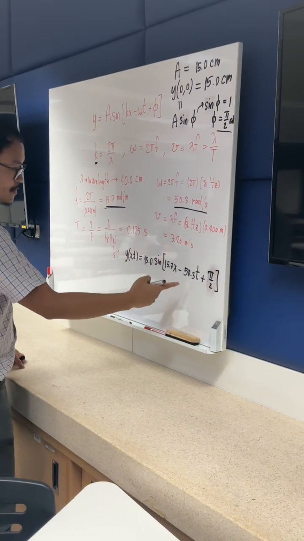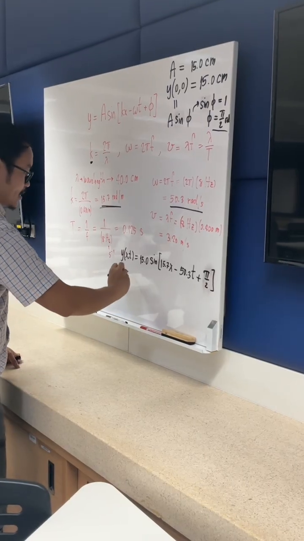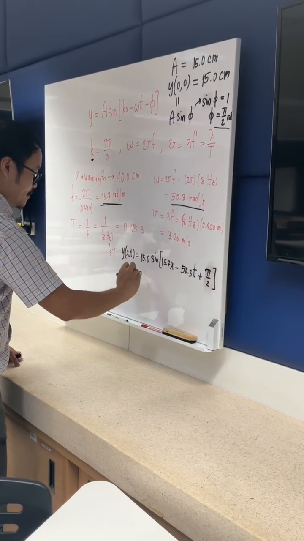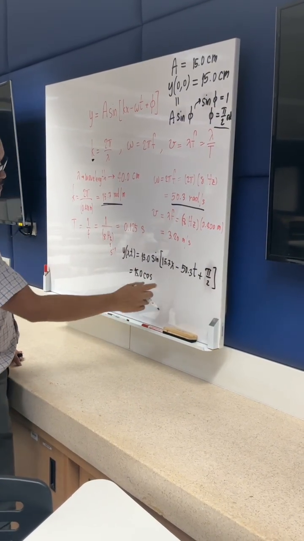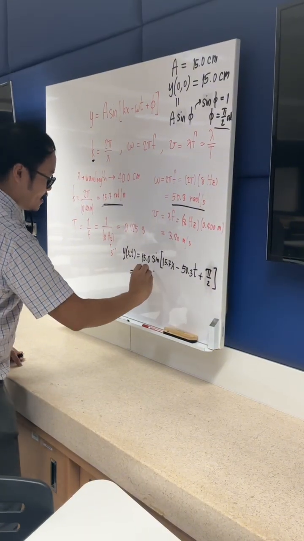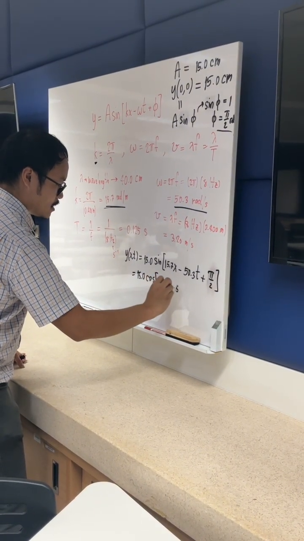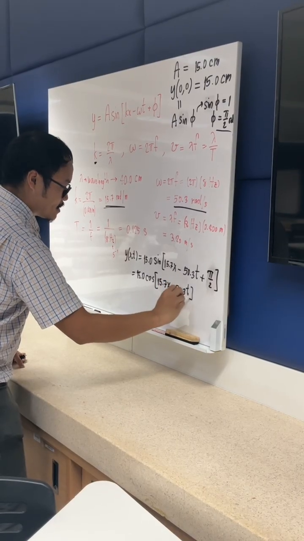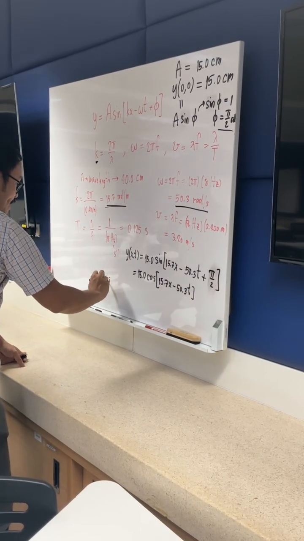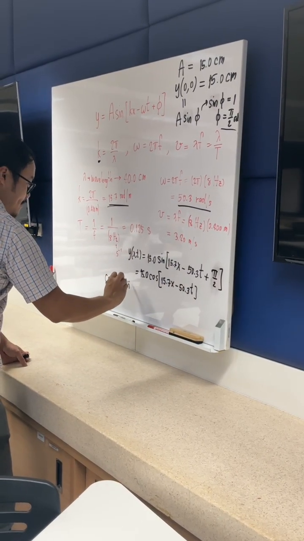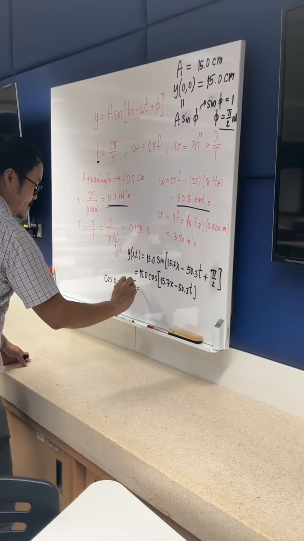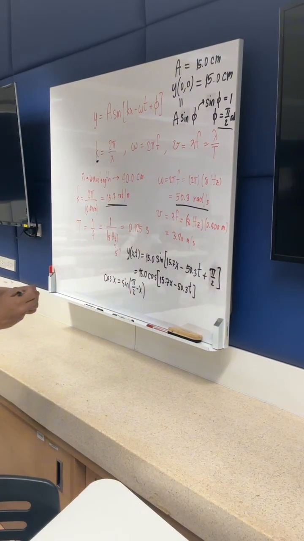So this will become just 15 times cosine of negative of this, which is the same as the cosine of that thing. So that is this, right? Using the fact that cosine of x is equal to sine of pi over 2 minus x, right?